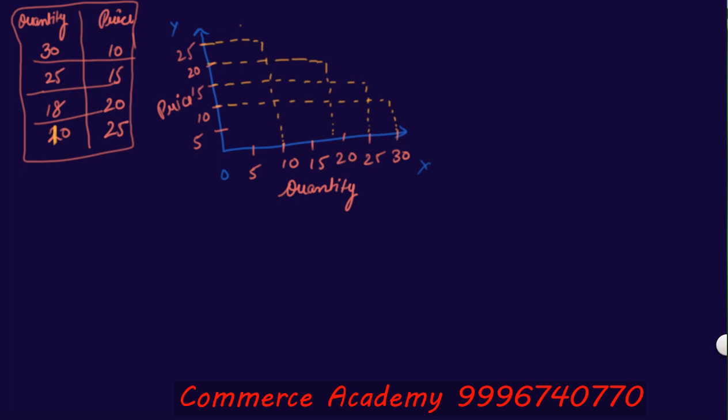So let's make your demand curve then. We've got these points. Let's make the demand curve. So this is your demand curve D and D. The demand curve we have made. This is your law of demand. With the rise in the price, the quantity demanded falls, or vice versa.